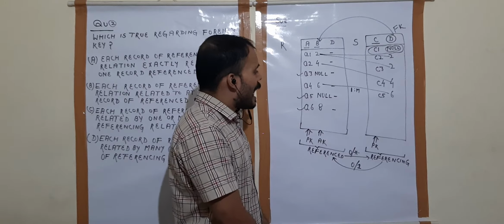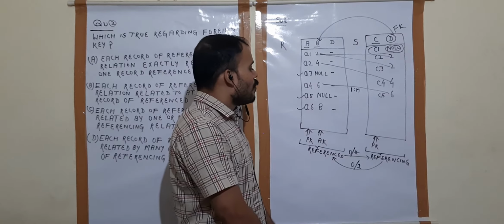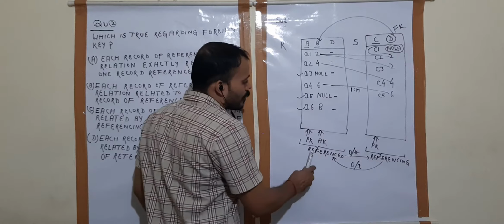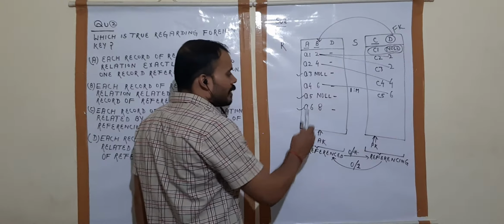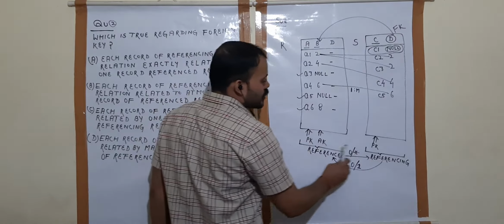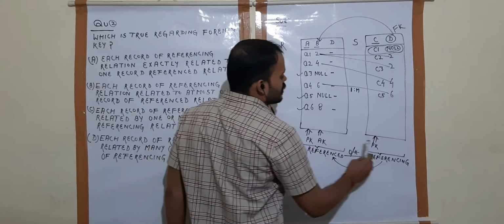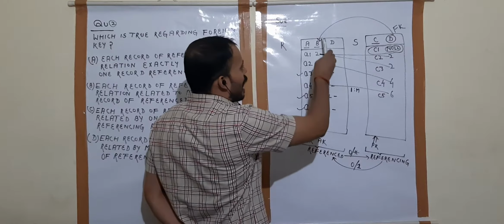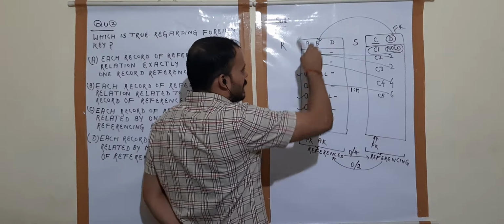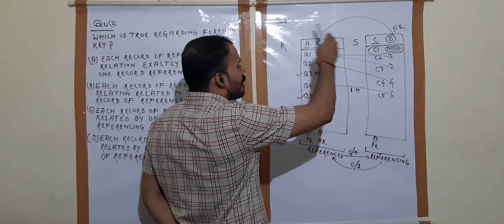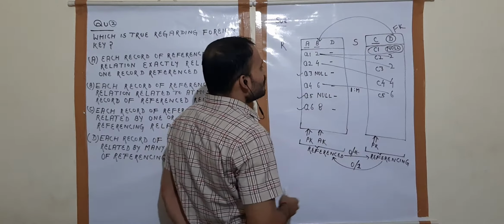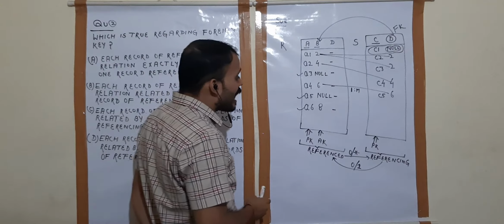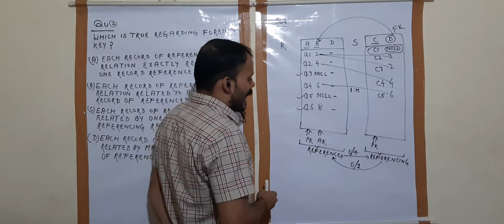See here, as we can see, when we move from referenced to referencing, each record of the referenced relation is either not related.